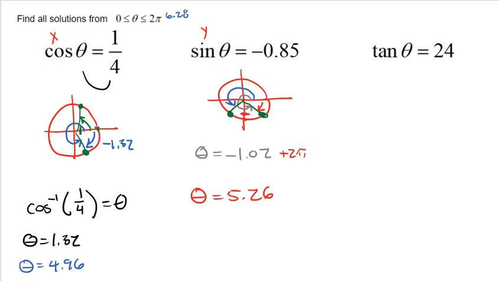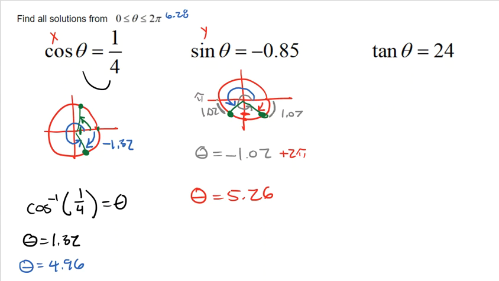Now, how do I find this blue angle that goes into quadrant 3? Well, once again, we got to think about symmetry here. If this angle right here is 1.02, then so is this angle right here. So now, to find that blue angle in quadrant 3, I'm going to take a half a circle, pi. A pi is half a circle.